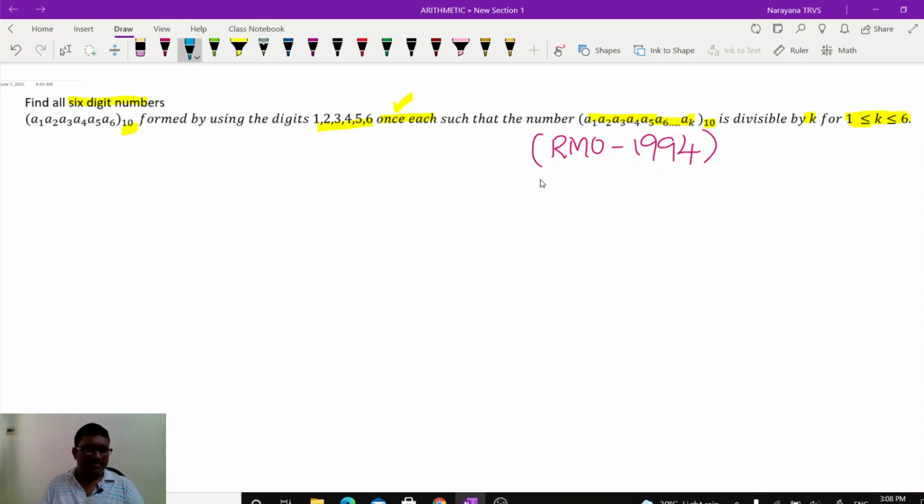Now let us see this one. A1, A2, A3, A4, A5, A6. So this is the number. How many digits are there? 6 digits are there. That's why this number must be divisible by 6.